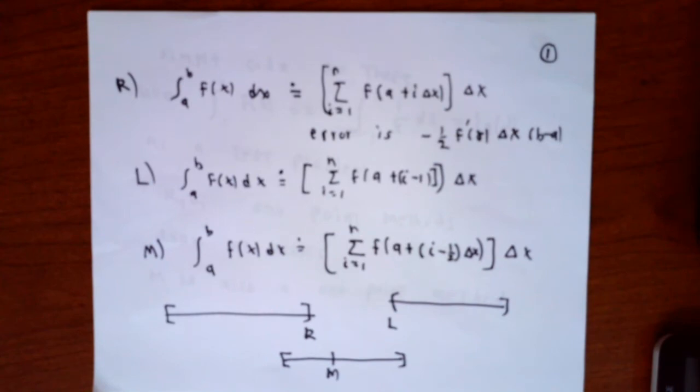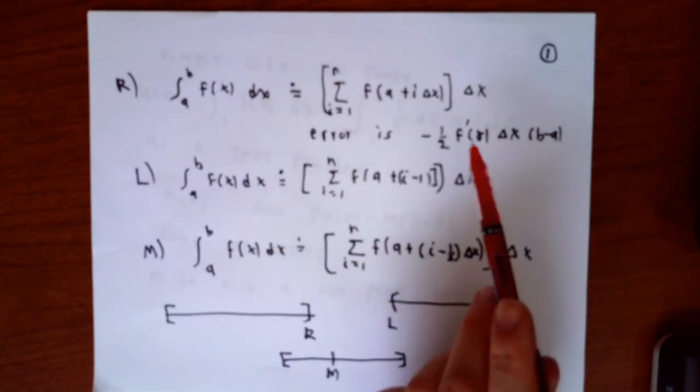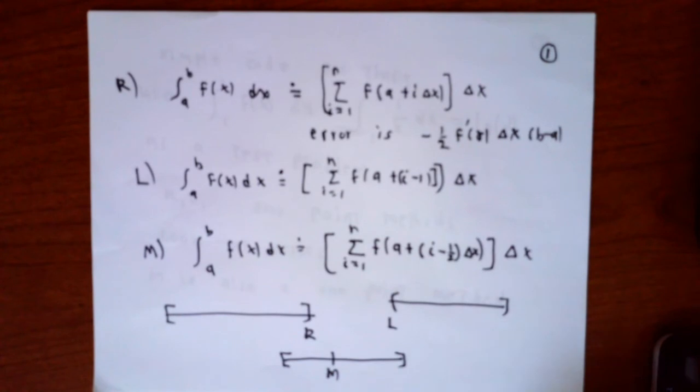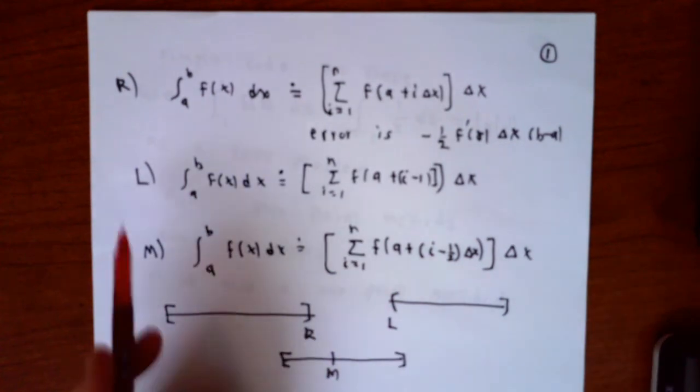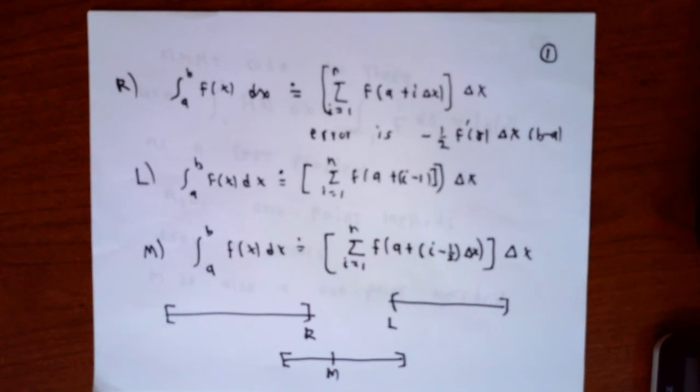We're going to have the right end rule, the left end rule, and the midpoint rule. The equation for the right end rule approximation is what you think it is. The error worked out to be negative 1/2 times f prime gamma times delta x multiplied by b minus a, for some gamma between a and b. The left end rule, the approximation worked out to be this.